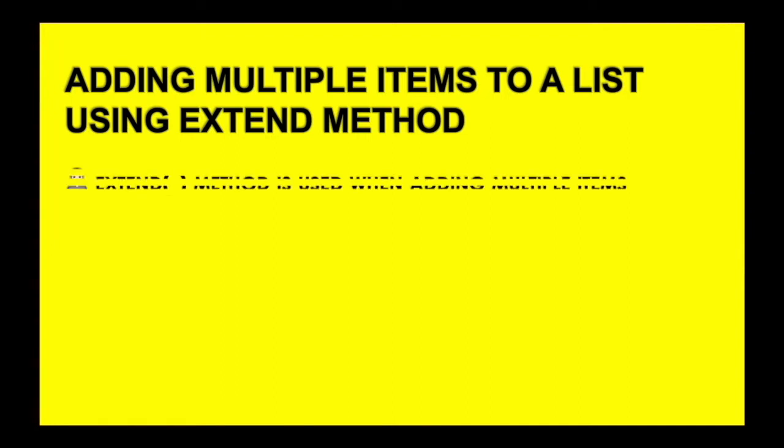Okay, so adding multiple items to a list using the extend method. Basically, the extend method is used when adding multiple items, unlike the append method, which is only used for adding a single item to our list.